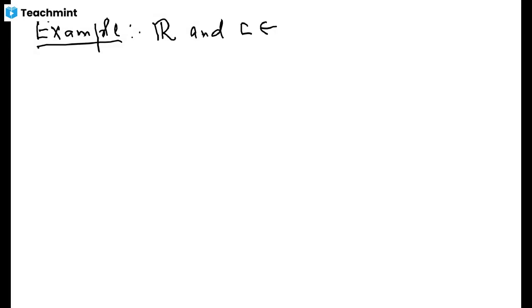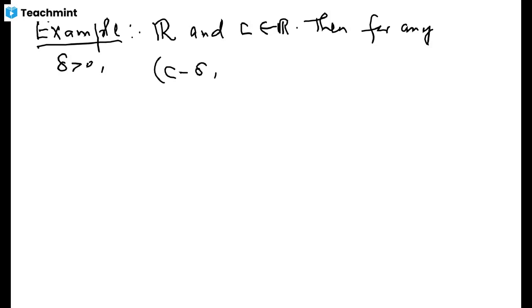So let us look at some examples of limit points. First it would be better to begin with the set R, and you take C to be any real number. Then for any positive number delta, we see that C minus delta and C plus delta is a delta neighborhood, and it contains infinitely many points.